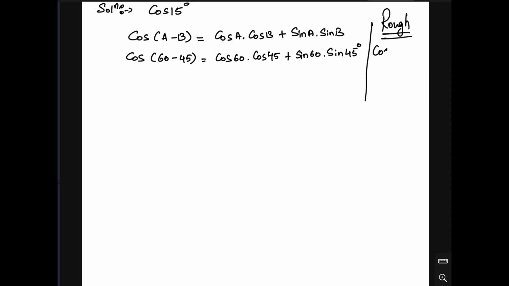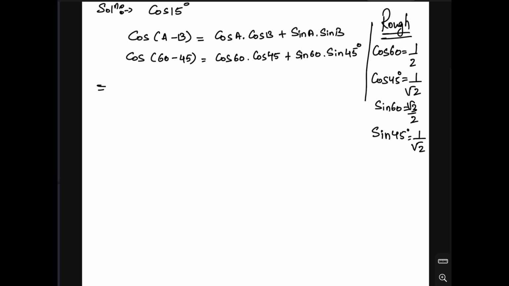We know that cos 60 value is 1 by 2, cos 45 value is 1 by root 2, sin 60 value is root 3 by 2, and sin 45 value is 1 by root 2. Now here we can substitute all the values.